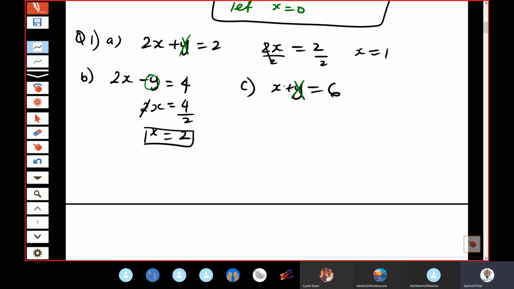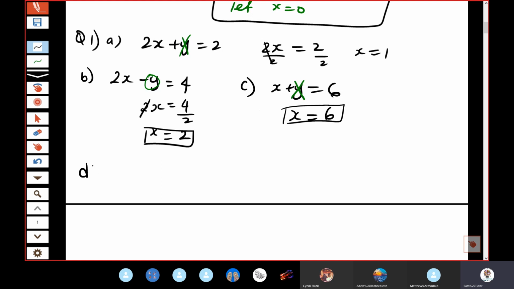Wait, what do I have left? X equals 6. Do I need to do anything? No, not really, because you've already done it. X equals 6. I didn't do anything. I crossed out the y, and you've got x equals 6.